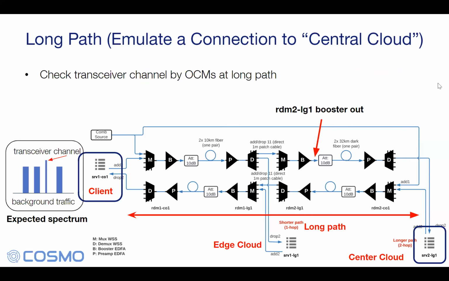The next thing we want to do is check the ROADM 2 line 1 booster out to see whether there's a transceiver channel, which we can observe here, where we didn't observe it when we did the connection between the client and the edge cloud.